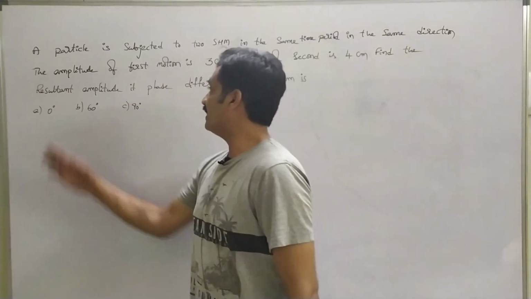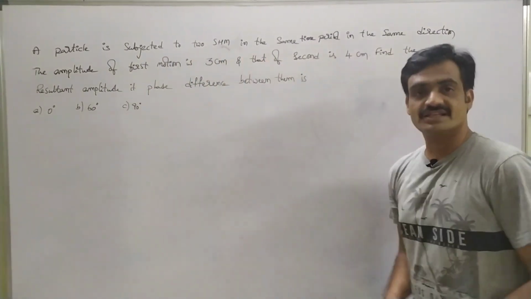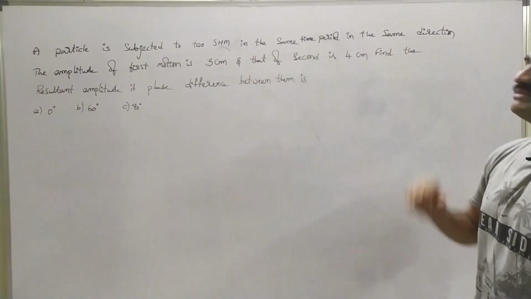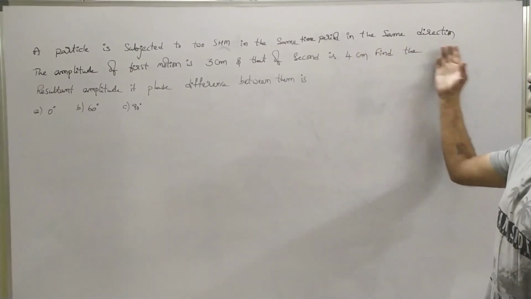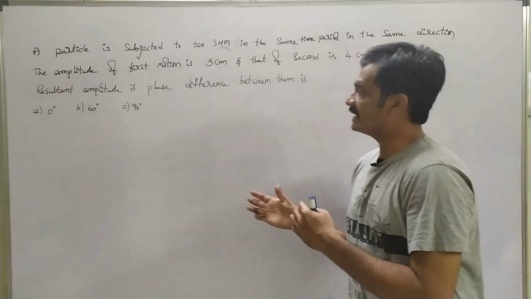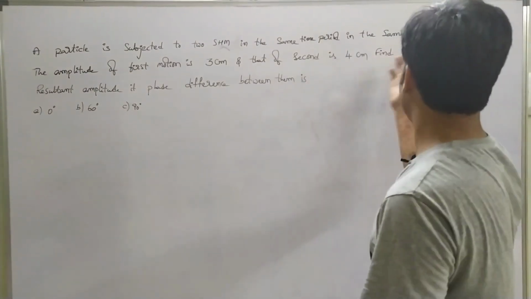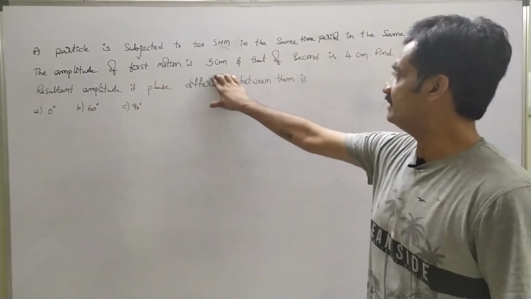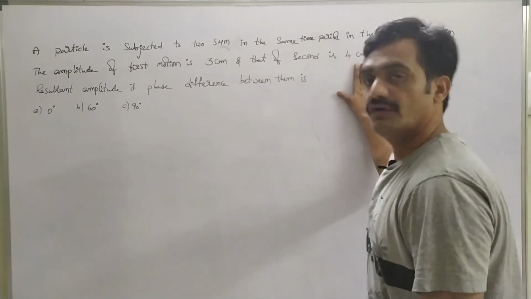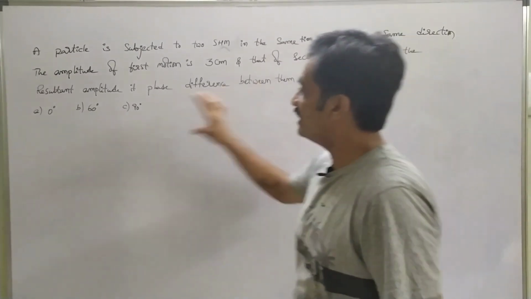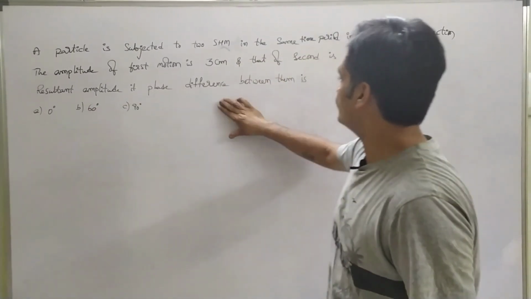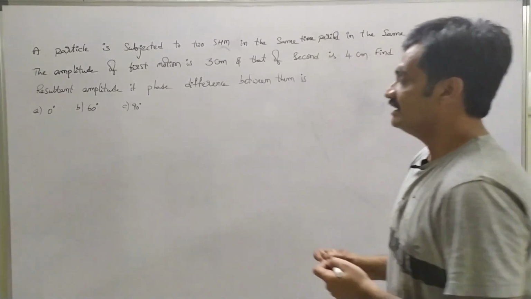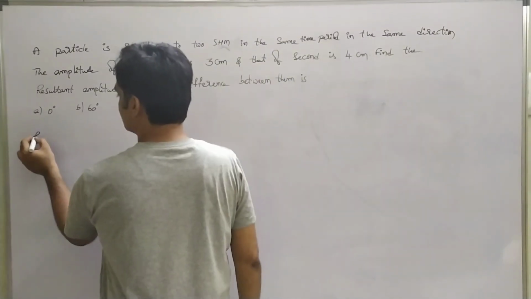Observe the next problem. A particle is subjected to two SHMs with the same time period, in the same direction. Here the two motions have the same time period as well as the same direction. The amplitude of the first motion is 3 cm and that of the second is 4 cm. Find the resultant amplitude if the phase difference between them is 0, 60 and 90 degrees.